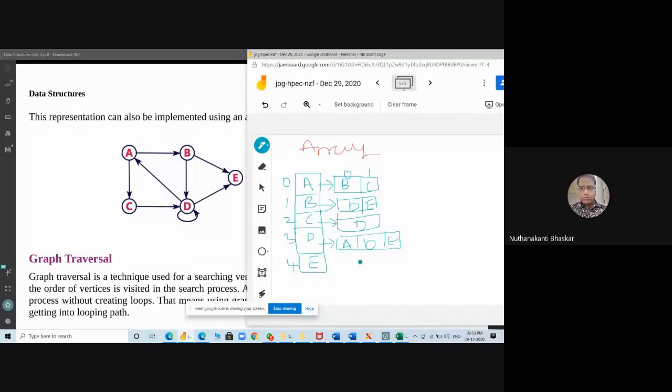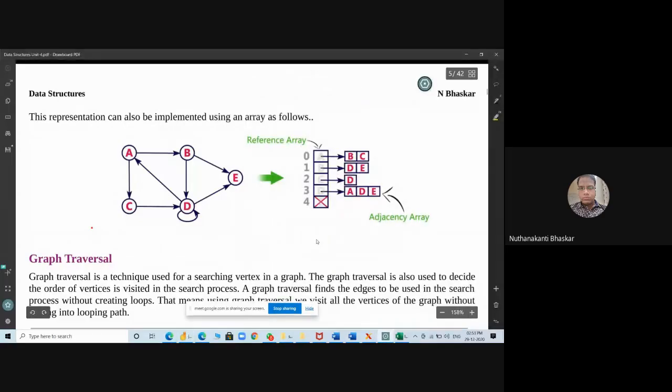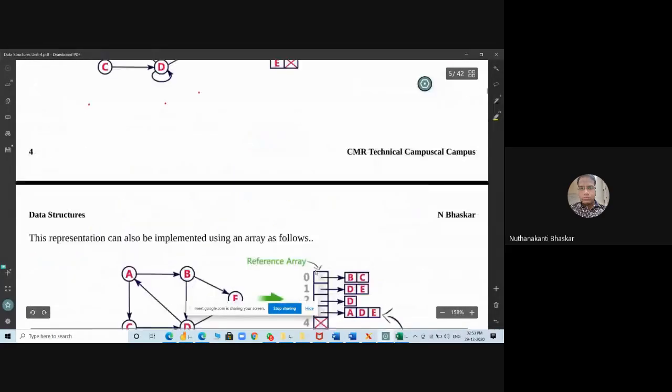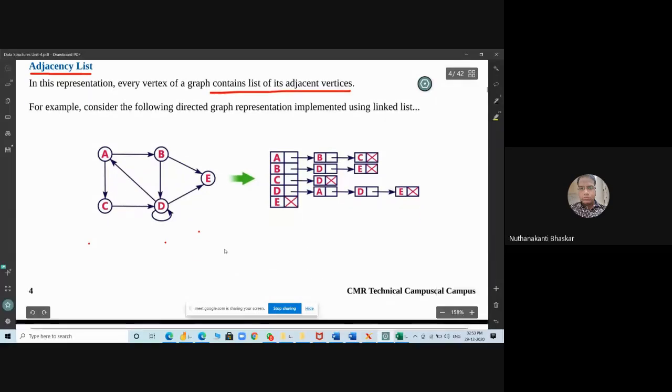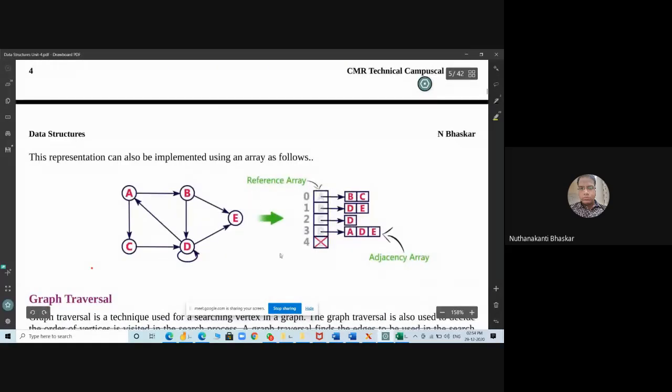Not connected. This is the representation of the given directed graph by adjacency list with help of linked list and with help of array.